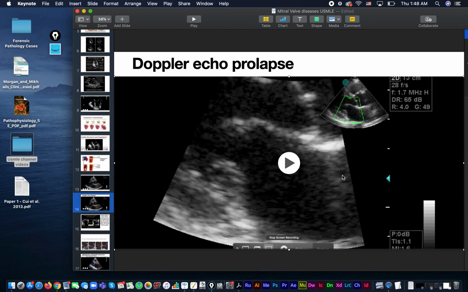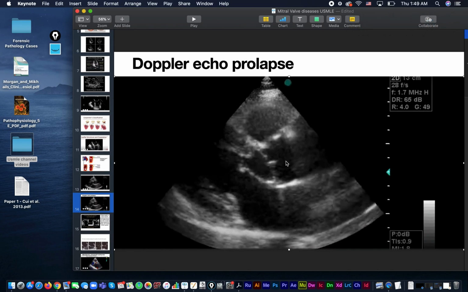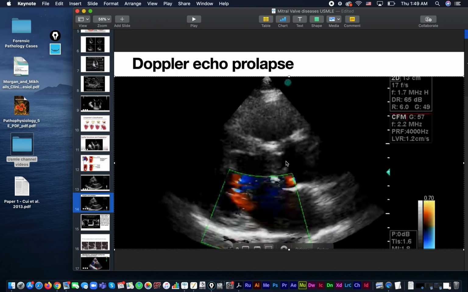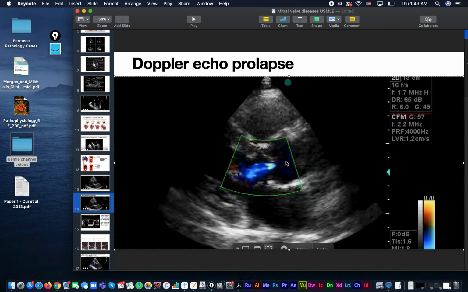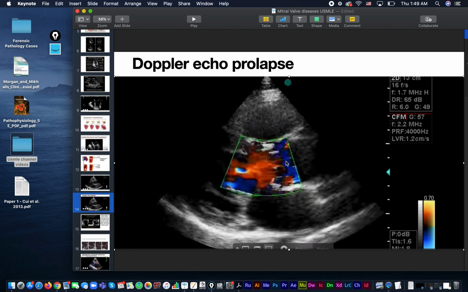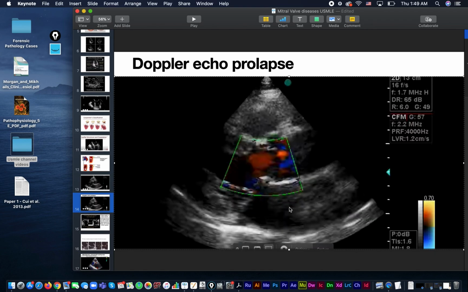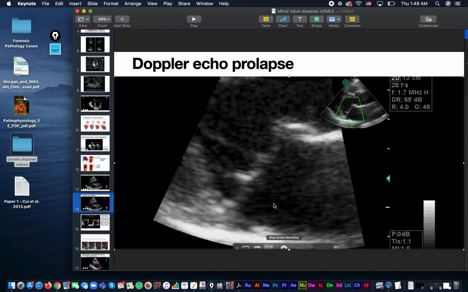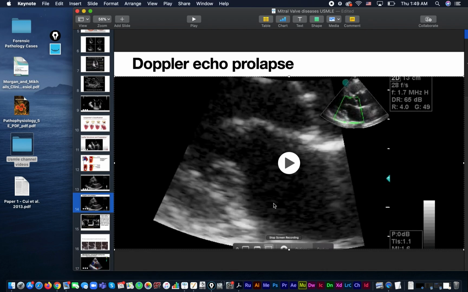There's probably many types of prolapses. It must be a spectrum between the two, because you know it's a prolapse when you don't have a lot of regurgitation. And we know prolapse is a mild disease that progresses.